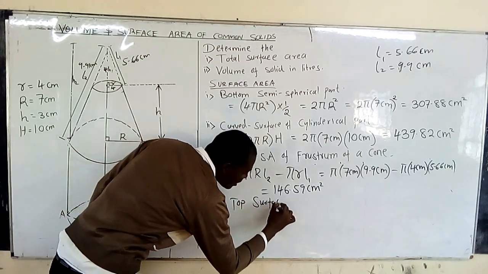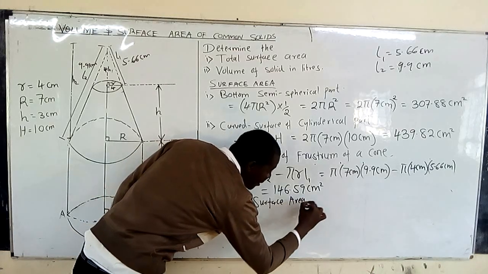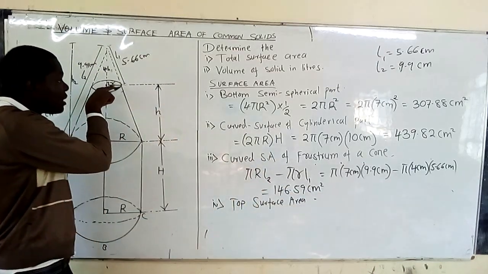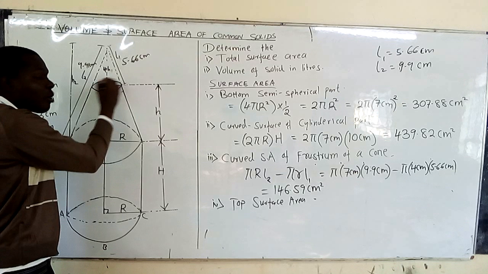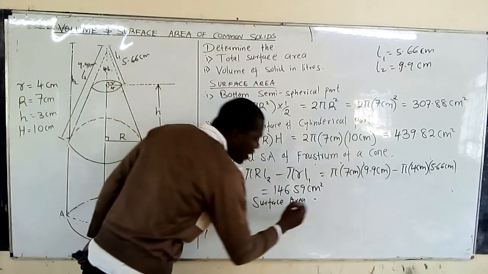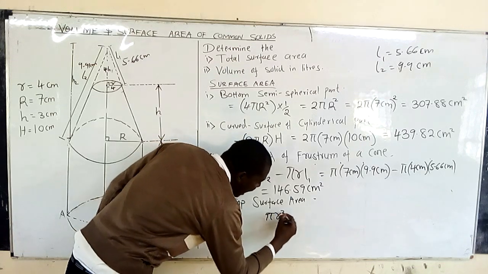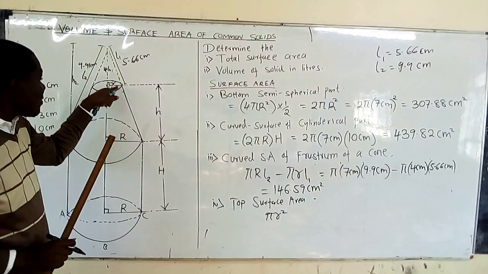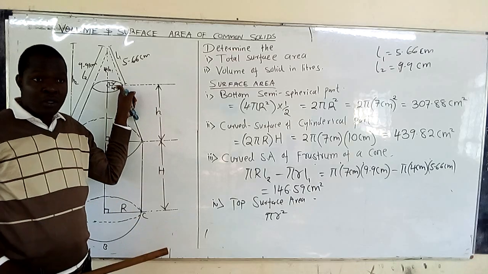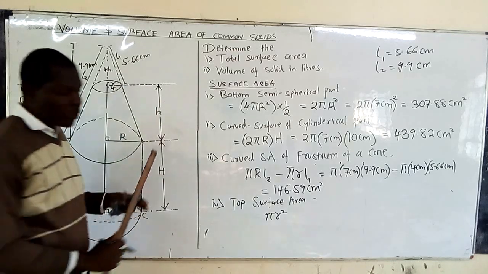That top is a circle. This is the top. It is a circle. So what is the area of a circle? Pi r squared, because this top really has the small r. The radius is smaller. So what is pi r squared?